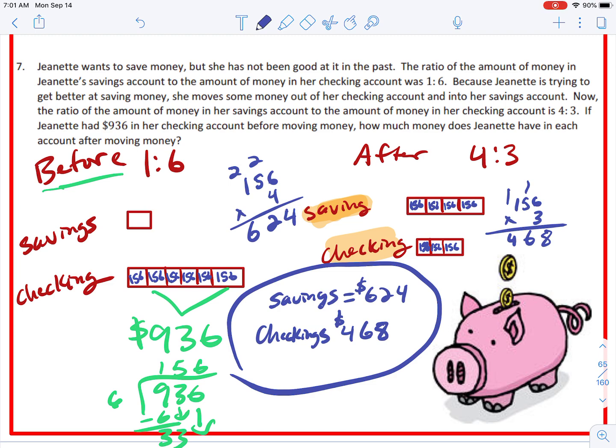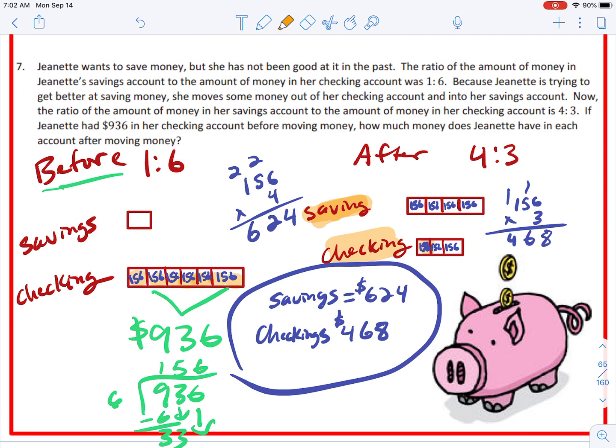Okay, we were comparing bank accounts for Janet before and after she moved some money from her savings to her checkings. We used ratios 1 to 6, and then after 4 to 3. She had a total of $936 in her checkings before moving money, and then we figured out that that was $156 in each unit.